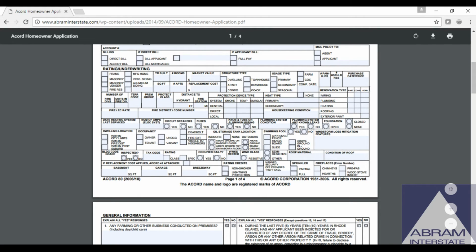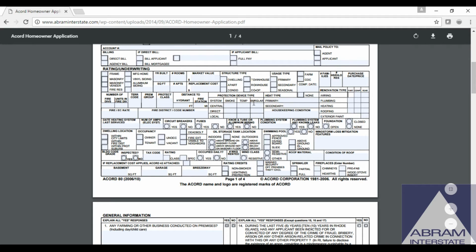We don't require full 100% complete renovations, but we just want to know what has been done to the property to maintain it in a safe and sound condition. And so you can see here, you can put the update year and you can check whether it was partial or complete. If you have any additional items to mention regarding these, we'll go over that in our remarks section later.